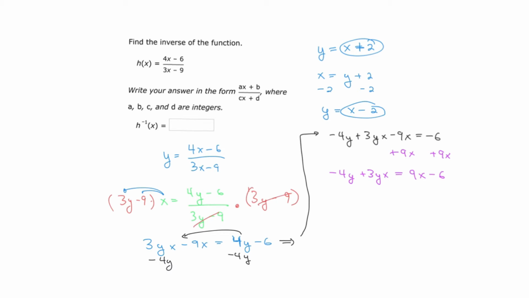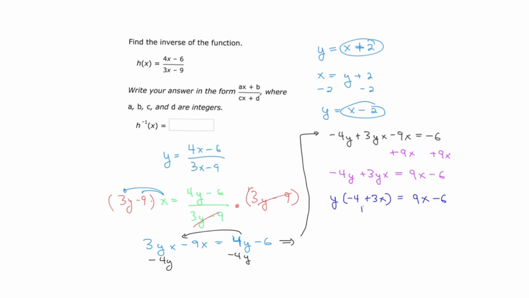And the final important piece here is that factoring piece. So I actually want to take the y out, which is going to help me. And I get y times negative 4 plus 3x equal to 9x minus 6. And here I've gotten the y by itself.